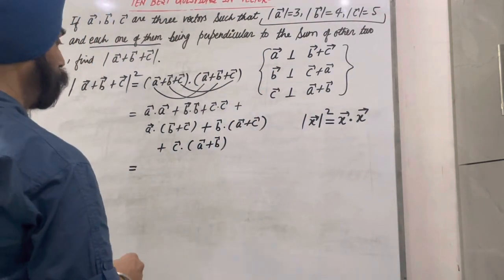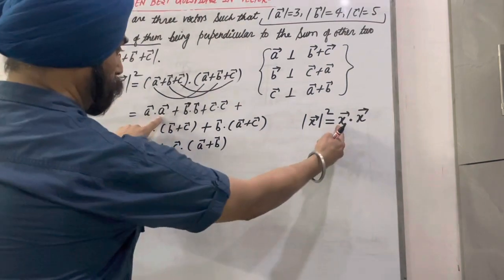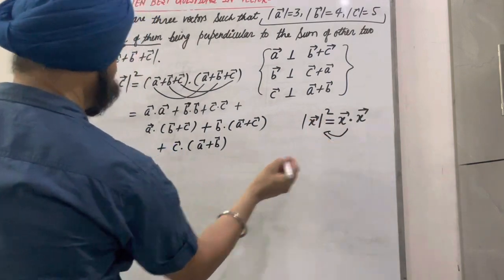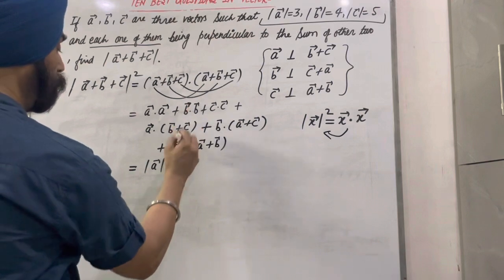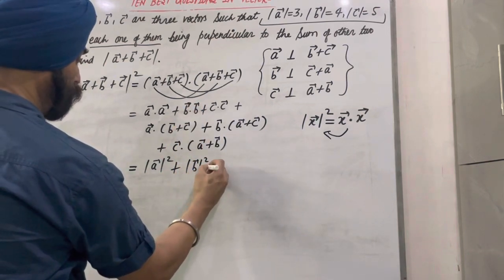Now observe it using the same formula. If it is the dot product of A with itself, it is magnitude of A whole square, using the reverse of this formula. So I can write magnitude of vector A whole square. Likewise, for vector B dot vector B, I'll be writing magnitude of vector B whole square.